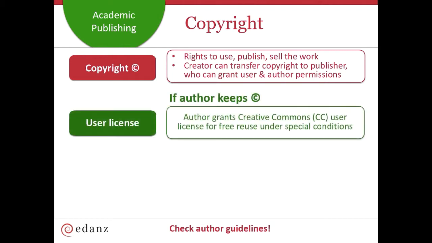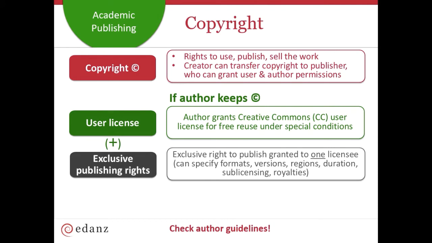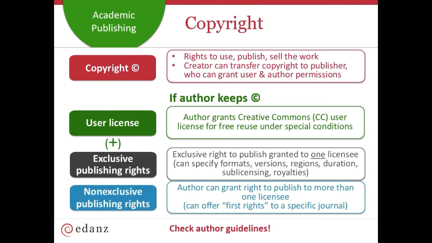If the author keeps the copyright, the author may allow the journal to publish the article with a Creative Commons or CC user license, or the author may need to grant exclusive publishing rights to only one journal, including for future versions and translations called derivatives. However, a non-exclusive license also allows others to publish derivatives and use the work commercially in the future.